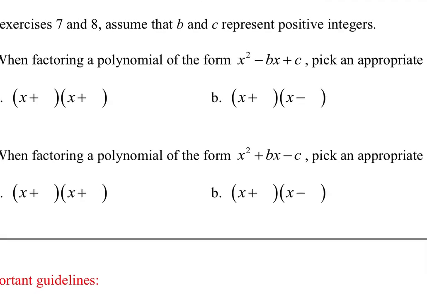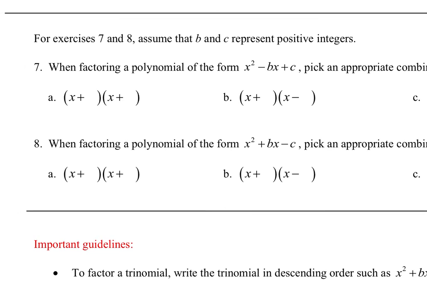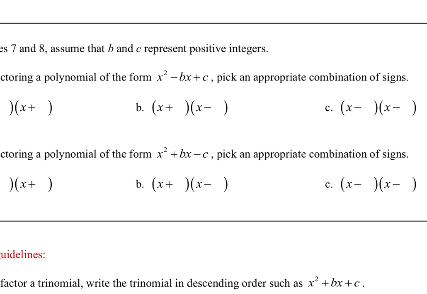On exercises 7 and 8, it's really a multiple choice, and it's wanting us to pick the correct combination. So on 7 right here, let's write that statement. You're multiplying, and it's kind of weird because we don't have any numbers, but you're multiplying to get a positive C, and you're adding to get a negative B. Well, if you're multiplying to get a positive, your signs have to be the same, right?